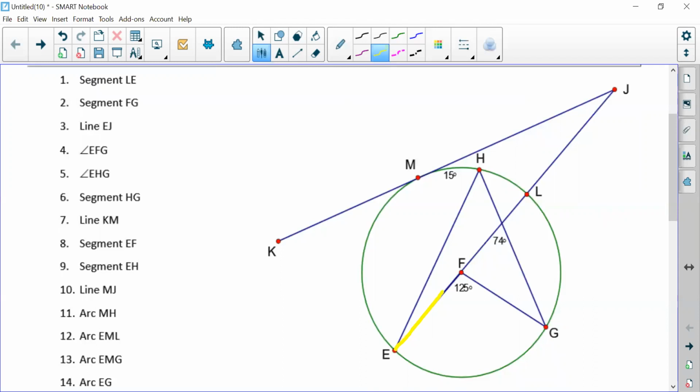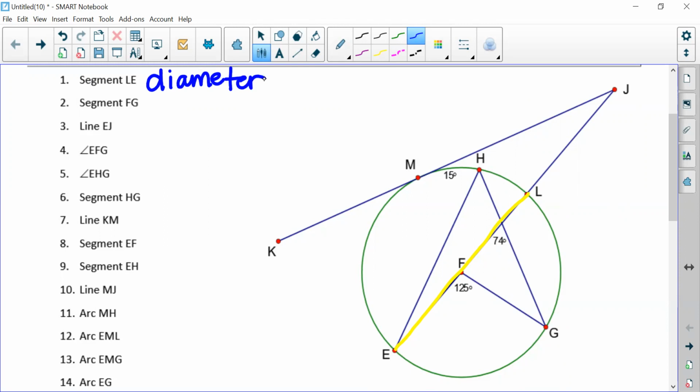Okay. Segment LE has 2 points on the circle and it goes through the center, which tells us that segment LE is the diameter of circle F. Okay.